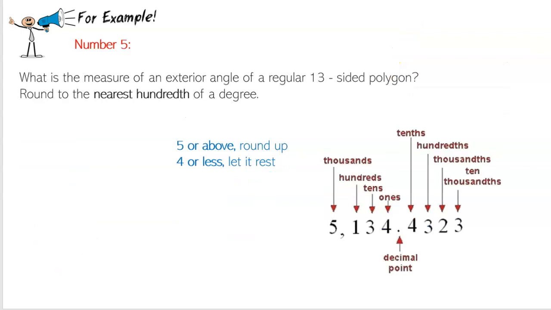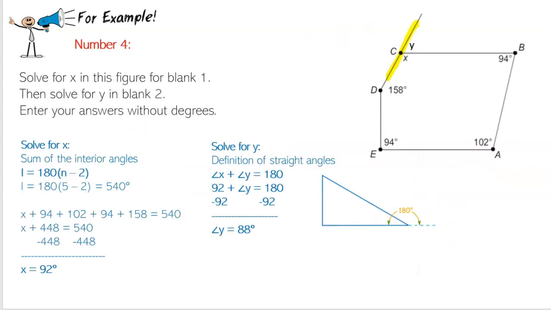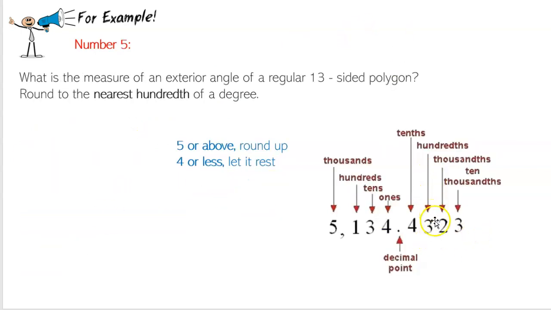Number 5, what is the measure of an exterior angle of a regular 13-sided polygon? Round to the nearest hundredth. If you need help, what is the hundredth? It's this one. If the one after it is a 5 or greater, you're going to round up. If it's a 4 or less, you leave it as it is.